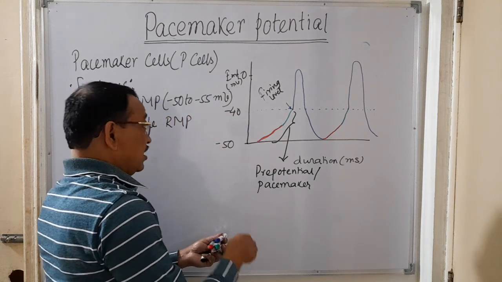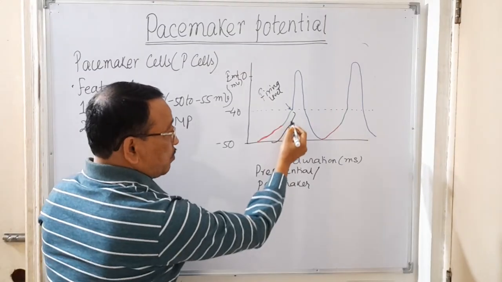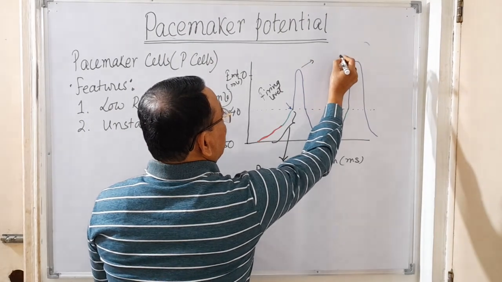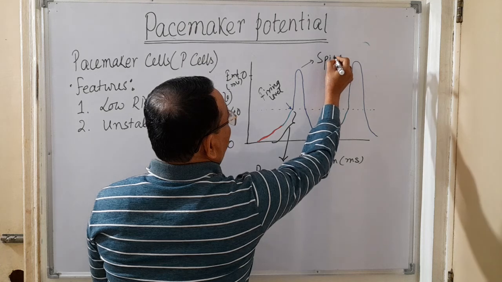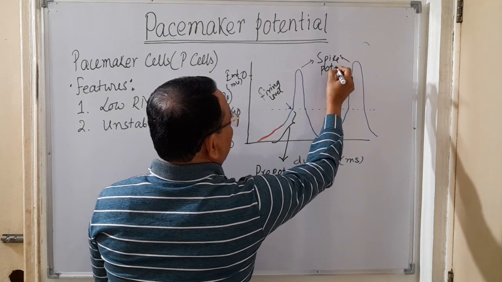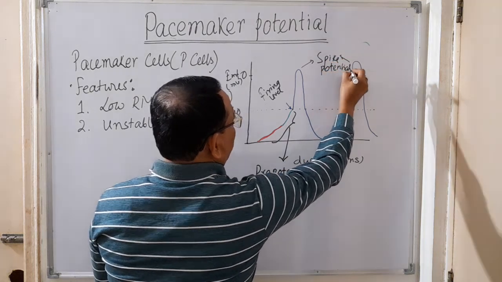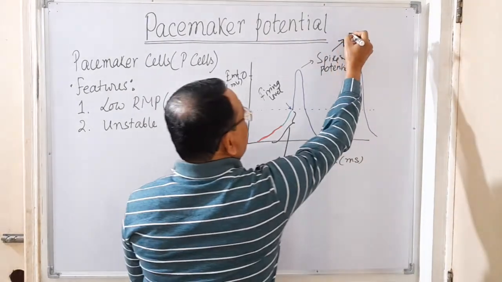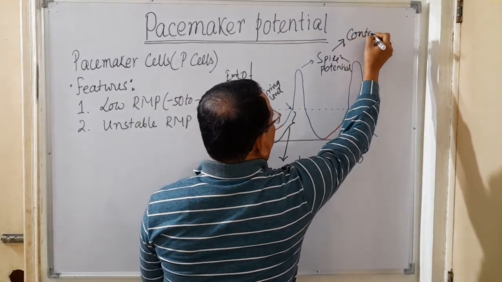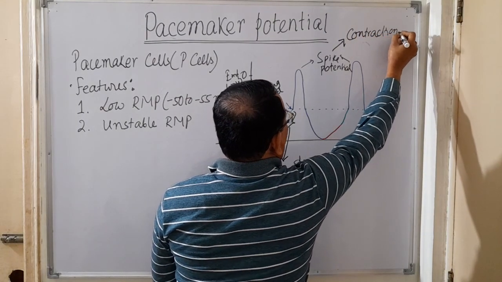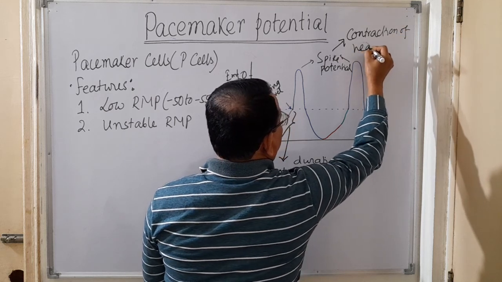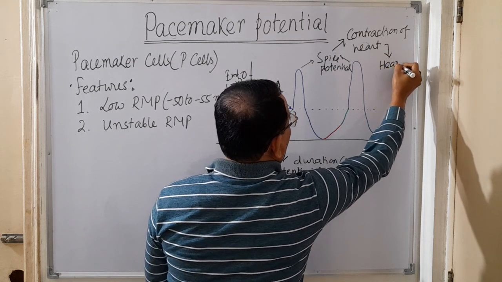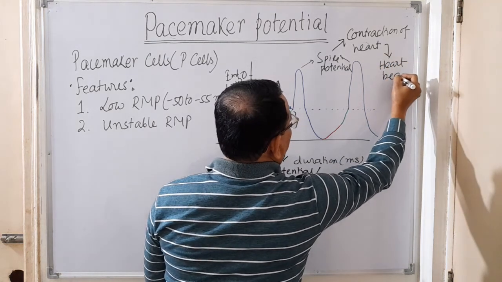So this part is the prepotential, and these parts are the spike potential. Because of this spike potential or action potential, contraction of the heart muscle takes place, and this is responsible for the heart beating or automatic heartbeat.